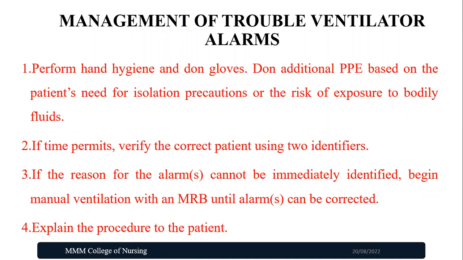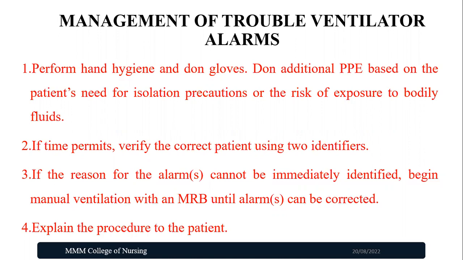So how can we manage troubleshooting ventilator alarms? Whenever we approach the patient to attend to any care, we need to perform the common protocols of personal protective hygiene. So always perform hand hygiene, wear gloves, and wear additional PPE based on the patient's need for isolation precautions or the risk of exposure to body fluid.